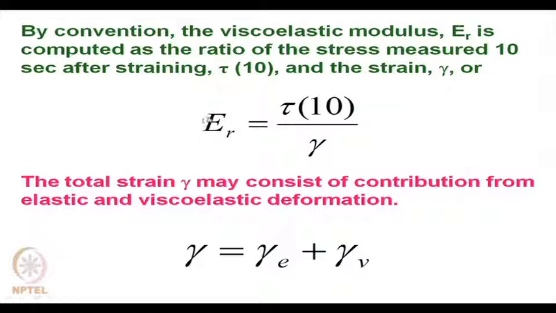So, ER = tau 10/gamma. The total strain gamma consists of contributions from elastic and viscoelastic deformation: gamma e from the elastic component and gamma v from the viscous component. So, both elastic and viscous components contribute to the total strain of the body.